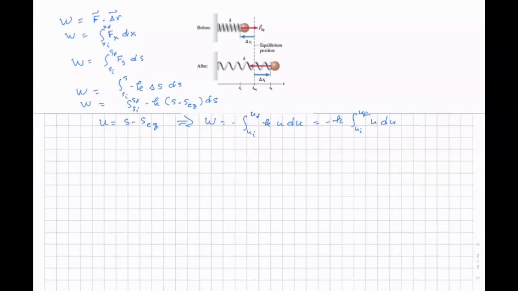But for the students who are taking calculus for the first time, I'm going to evaluate the integral of u du between these limits using the area under the curve, under the u versus u curve. So let me draw that.